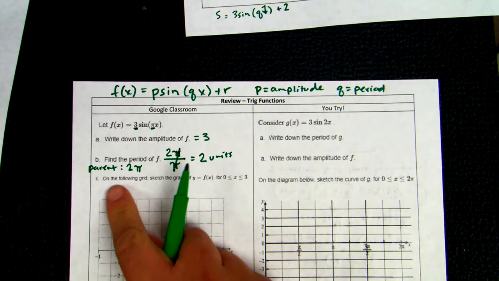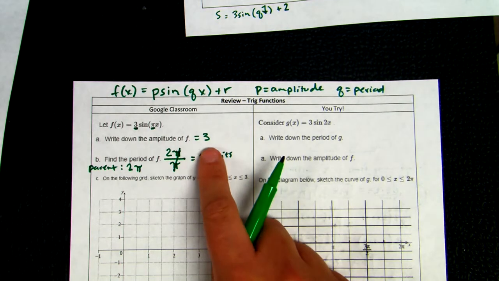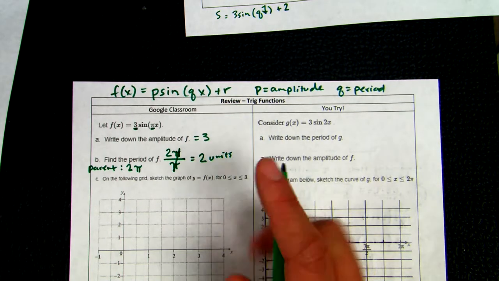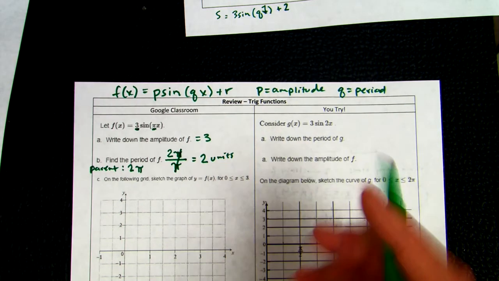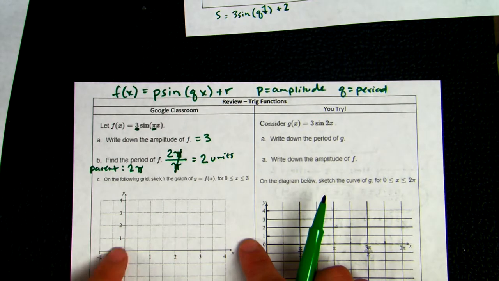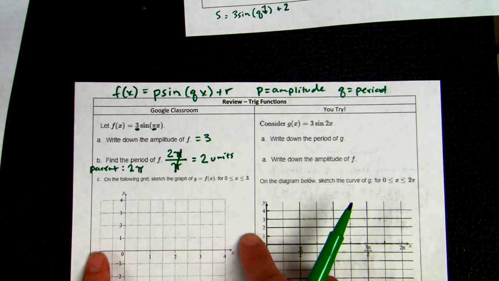On the following grid, sketch the graph below. If we're looking at this, I know what my amplitude is and I know what my period is. I always sketch my parent function first because I like to think about my parent function first. That helps me sketch the function. I know that my parent function usually has an amplitude of 1 and it repeats every 360 degrees or 2 pi units.